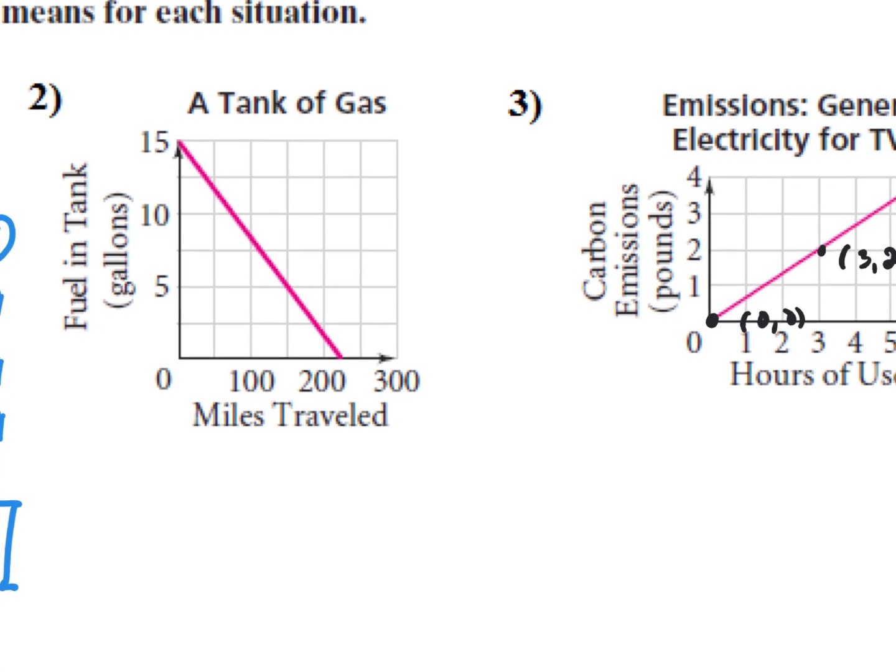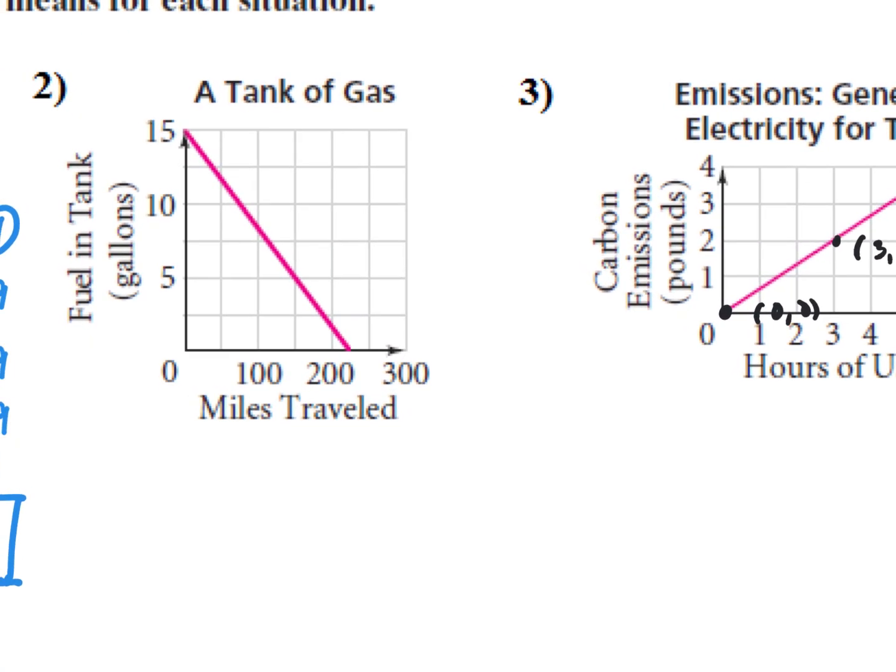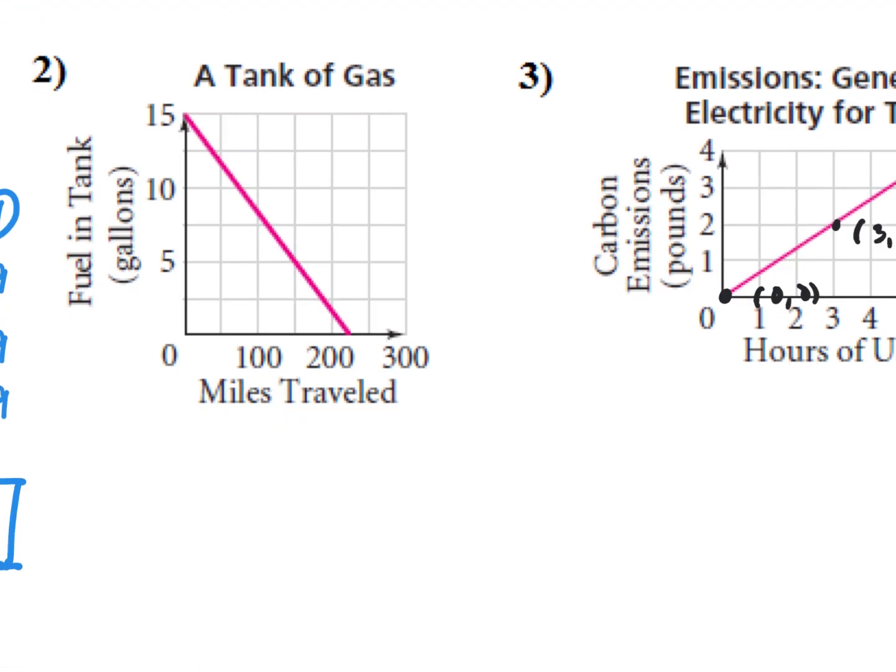For number 2, we have a graph where the x represents the miles traveled and the y represents the fuel tank in gallons. The first thing we're going to do here is get some points. I can see that I can get this point, which is actually on the top. That's going to give me (0, 15).